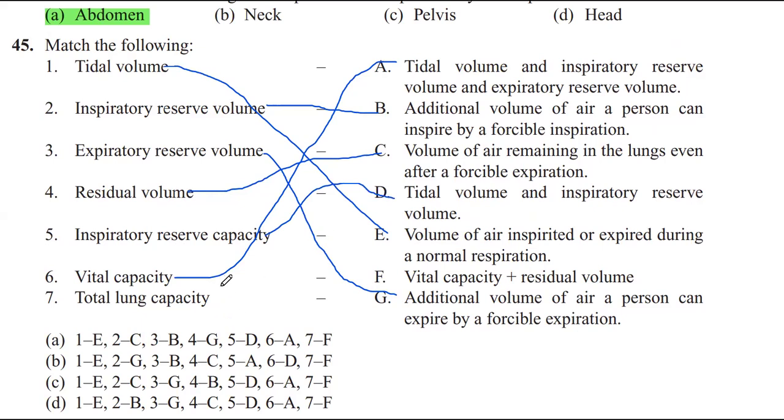Total lung capacity, TV plus IRV plus ERV plus RV. That is, we can write VC plus RV. So the correct option for the question is 1 is E, 2 is B, right? So the option is the second one, I mean D.